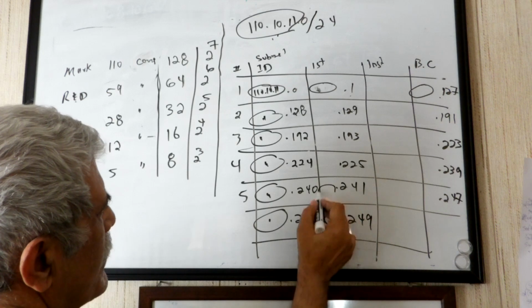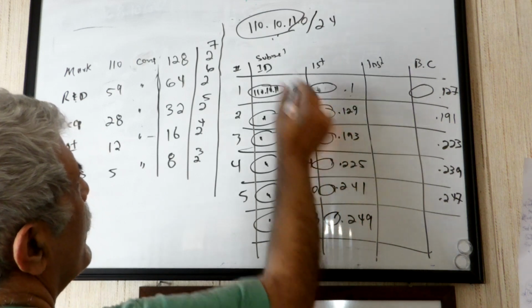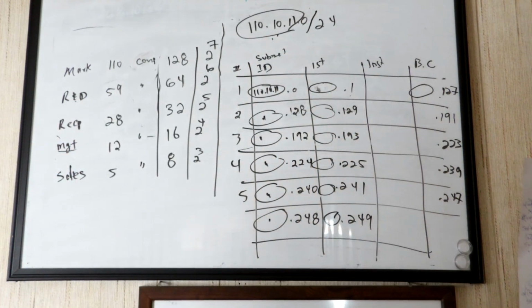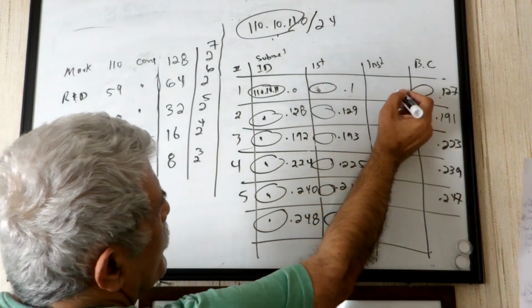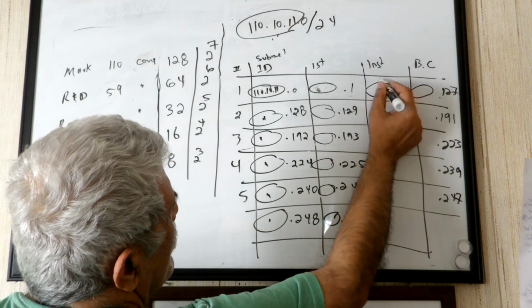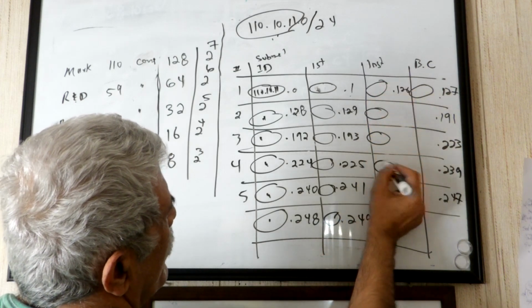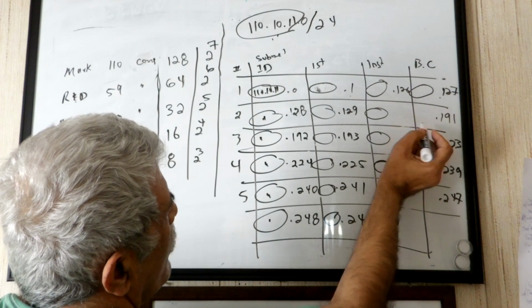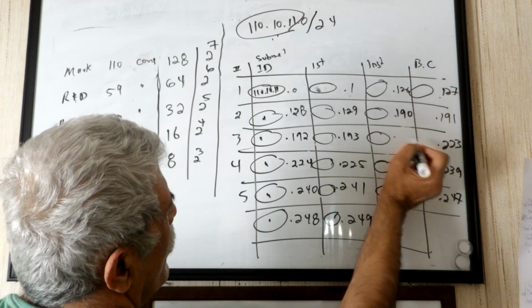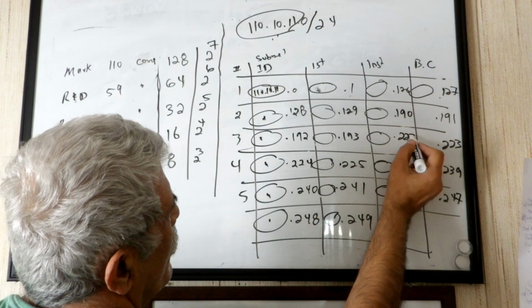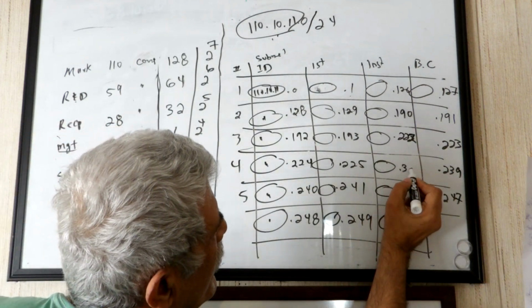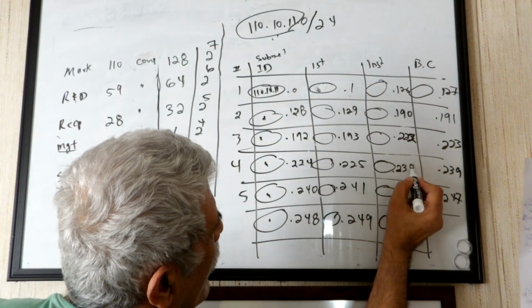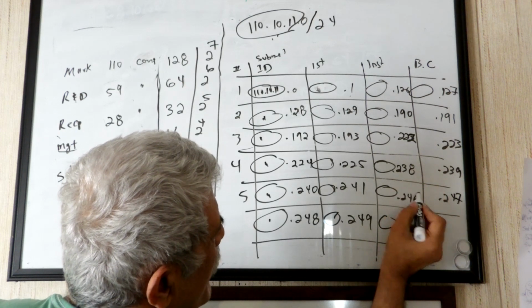All these circles I put here mean 110.10.11. So these are the first hosts. The last host is one before the broadcast, so it's going to be 0.126, then 0.190, 0.222, 0.238, 0.246.